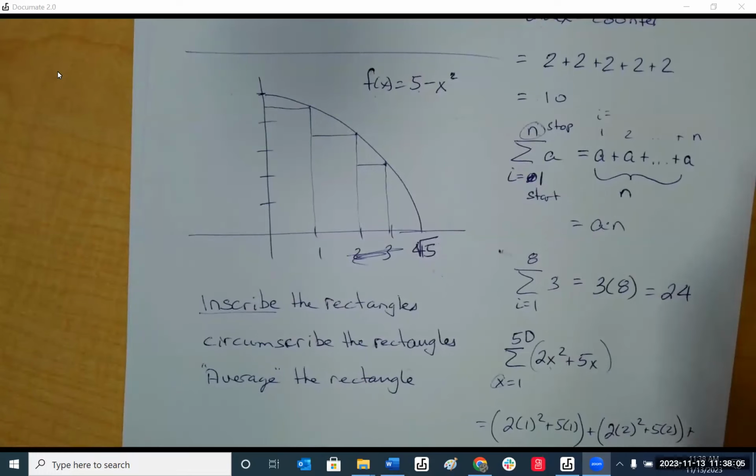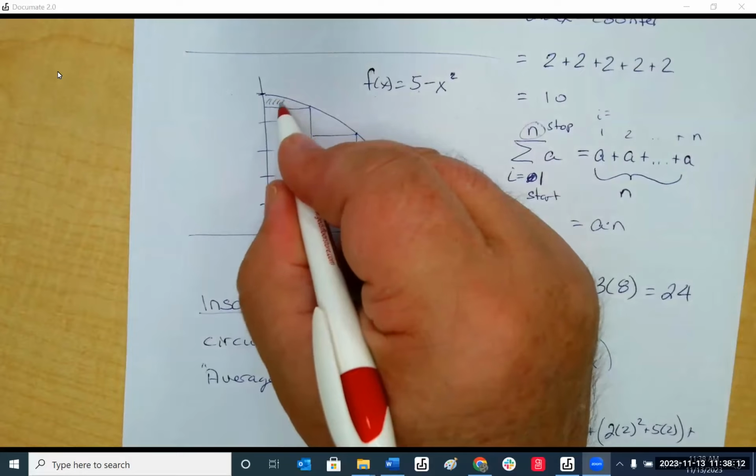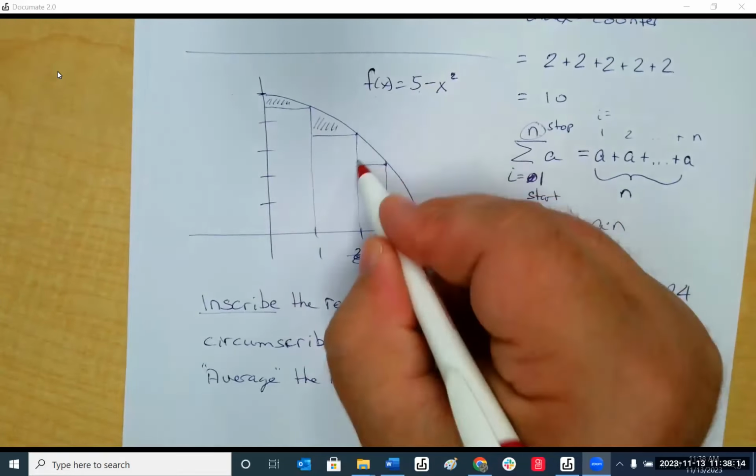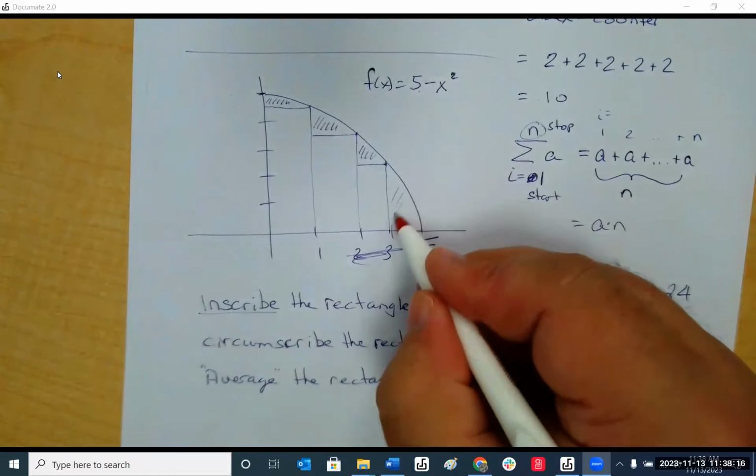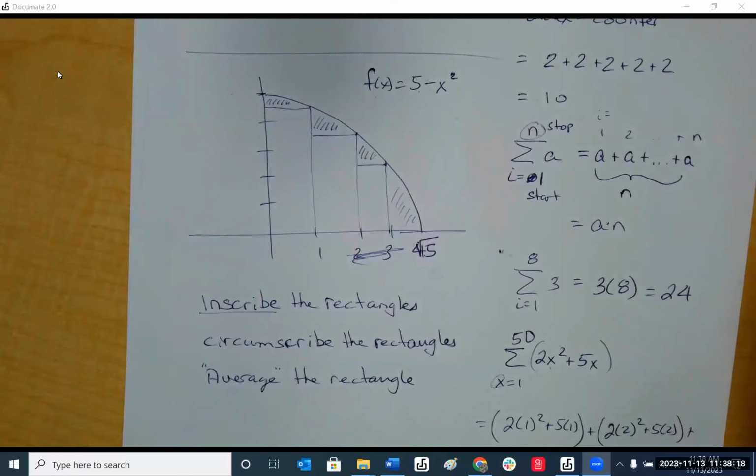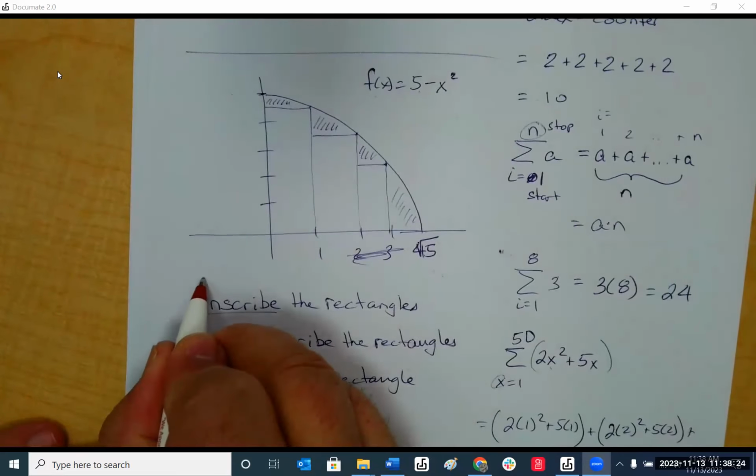What's bad about that method? Well, we don't know this area, and this whole area here is gone. So that's why this is called the lower sum.